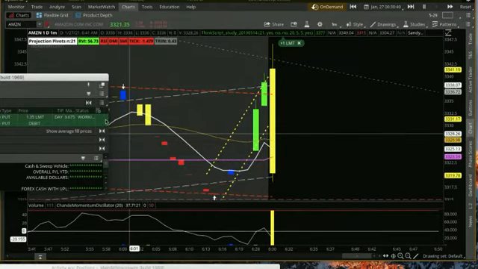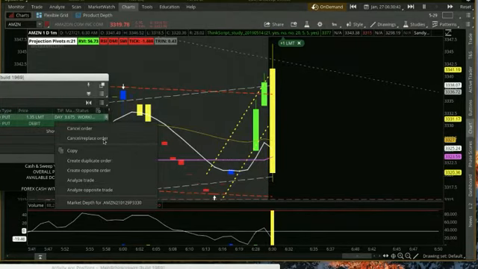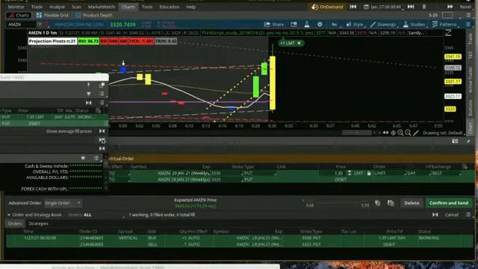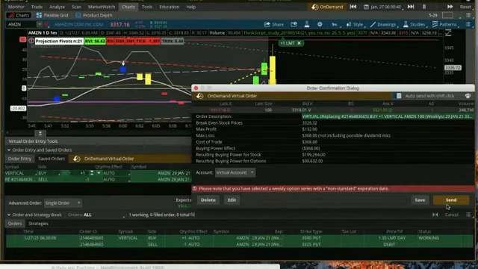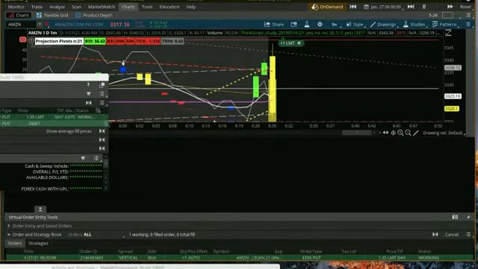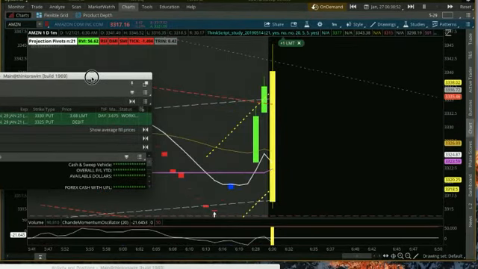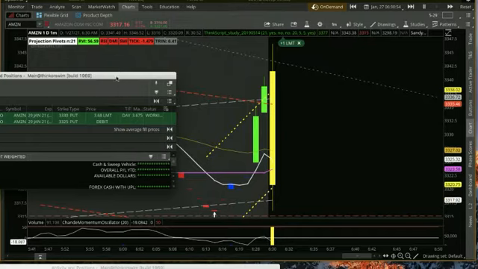I'm going to try to get in here. I'm going to reopen this. Send it again. It's just moving too quickly. So we're almost there.